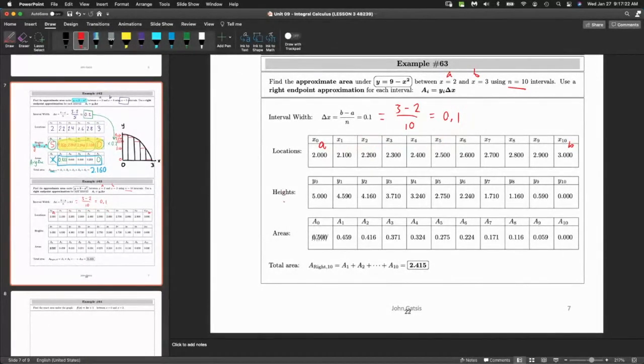To get the y values, you remember you use this formula to get the heights. So you're plugging in x to get y, and then to get the area, you take the y value and multiply by delta x. Since we're using a right endpoint approximation, we don't care about the first value here. I'm trying to keep the 5 visible so you know it's still there, but you're going to reject that value.